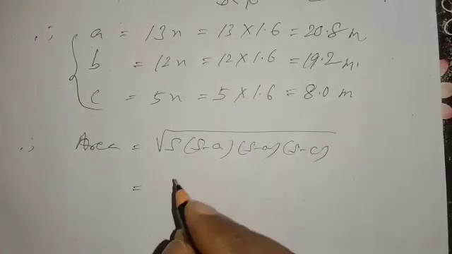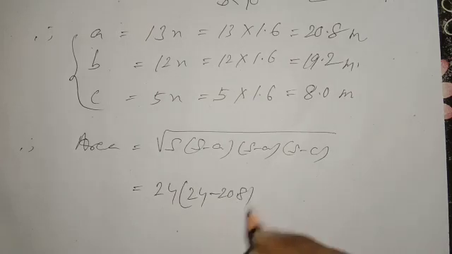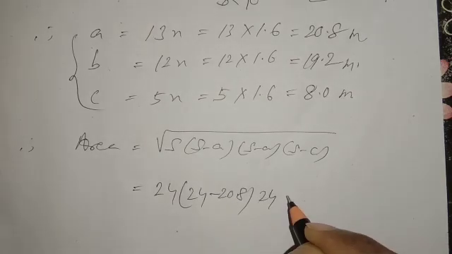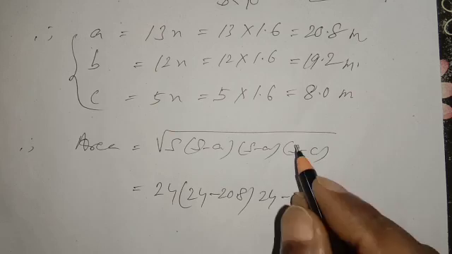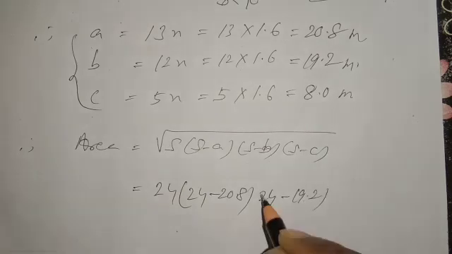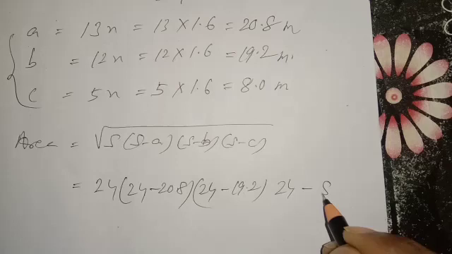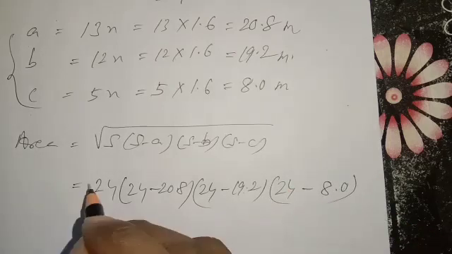Now you apply here 24, then 24 minus 20.8, then 24 minus B, that is 19.2, then 24 minus 8.0, all under the root.